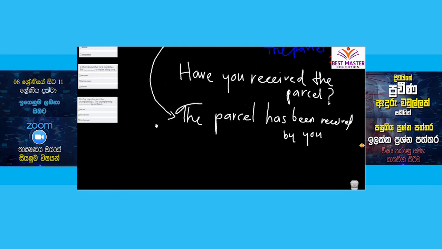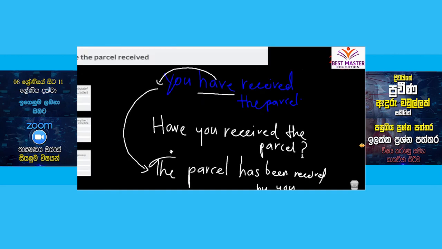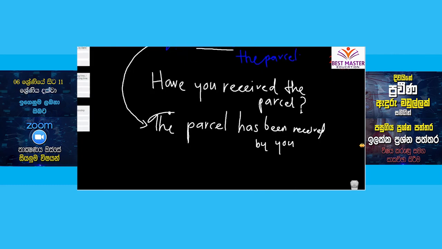So how to make the passive voice of this one? It means the question of this. If we make the question of this sentence, this is it. Making the passive voice of this one means making its question.